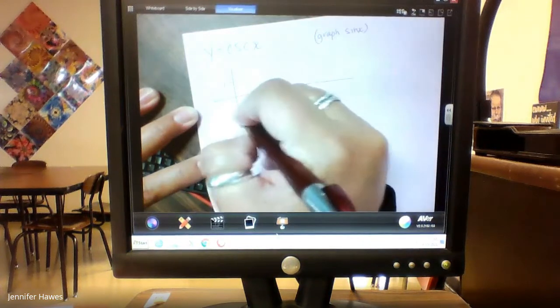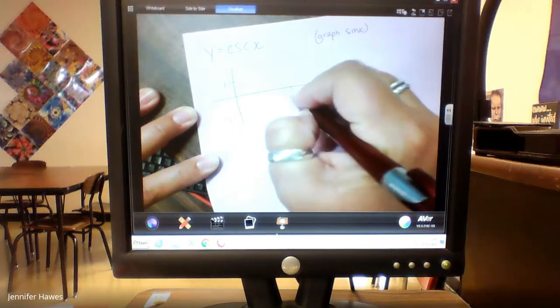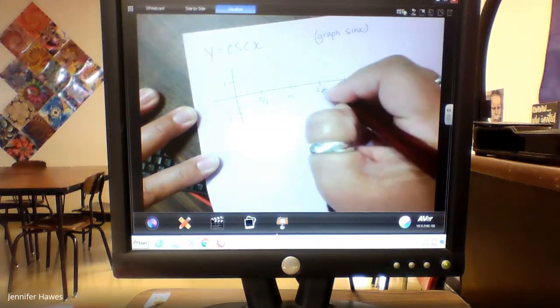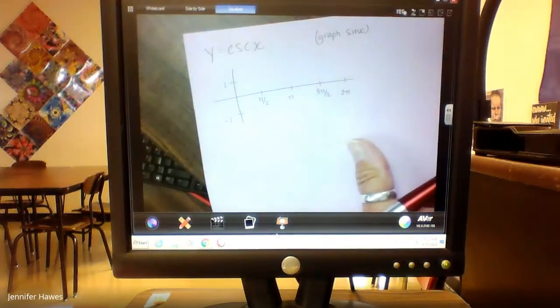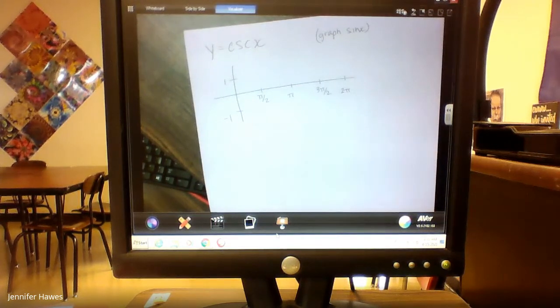Okay, so I'm going to kind of do that here. So there's 1, there's -1. I'm going to go out to 2 pi. I'm going to go pi. I'm going to go pi over 2, and I'm going to go 3 pi over 2. So I'm going to kind of set it up the same way. Now, let me see. I'll use purple paper. We'll try this one.